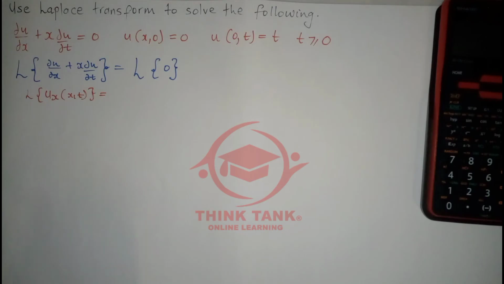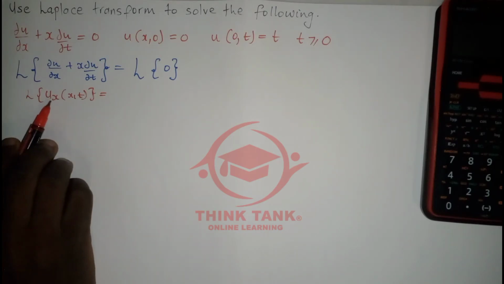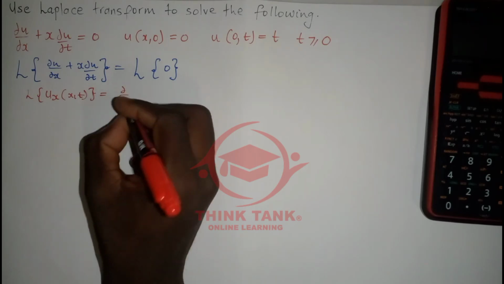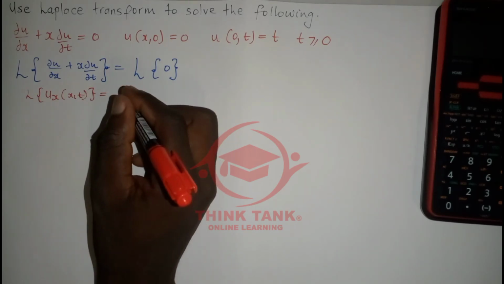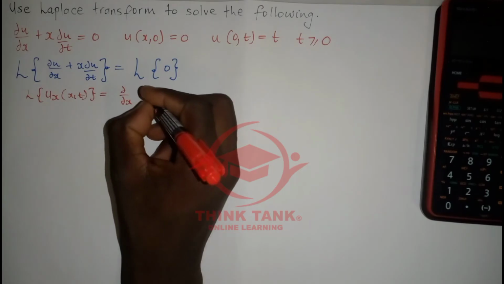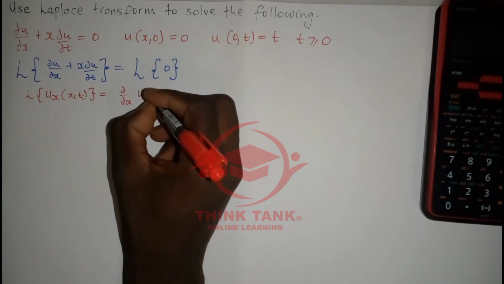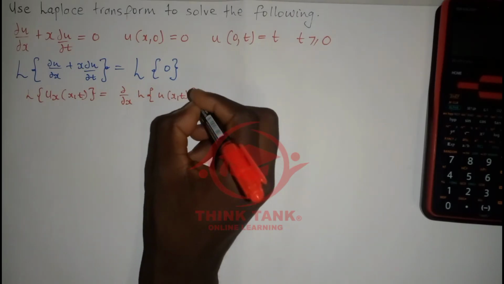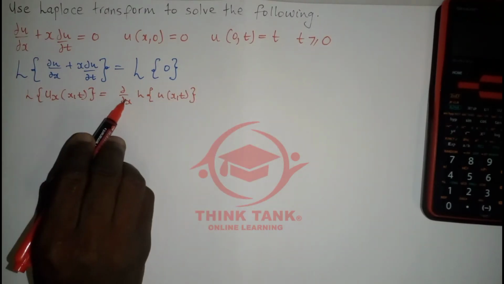For this one we don't know anything, we just know that it's a partial derivative, so let's just write it as partial x of the Laplace transform of u(x,t). As you can see, this is what we've done.